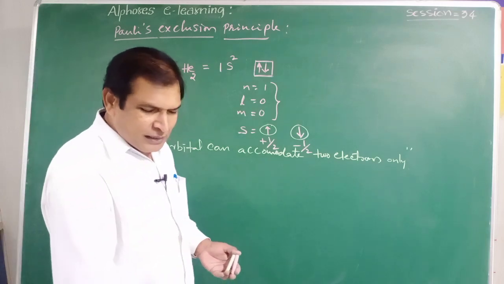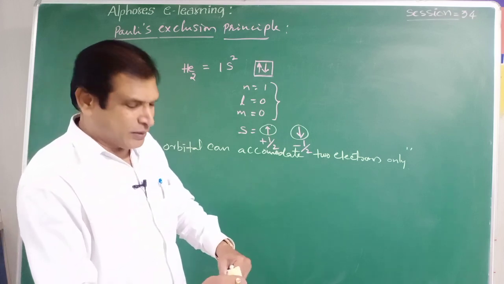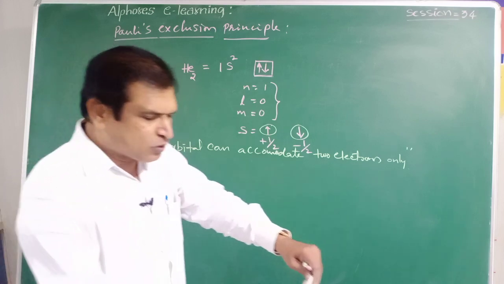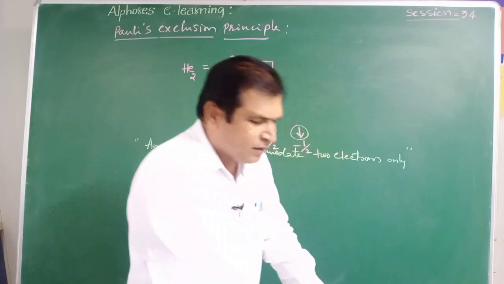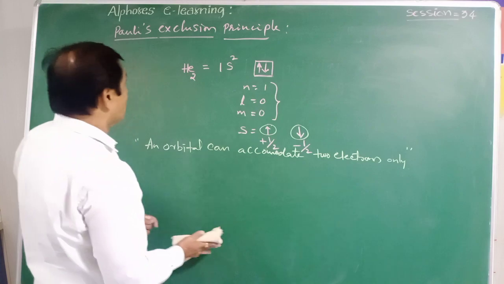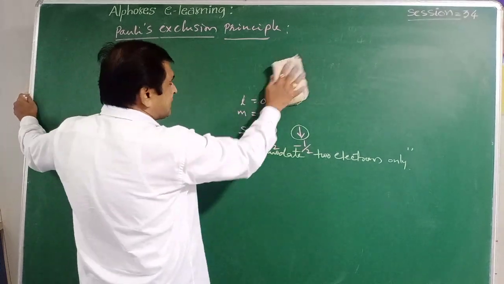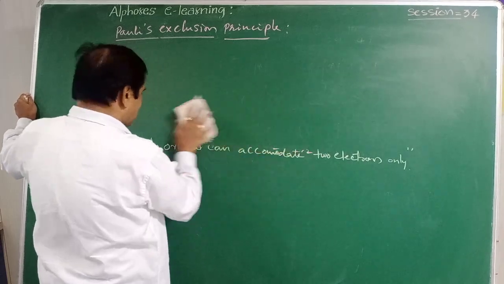Now let us discuss, suppose Pauli's principle is not known to us, then what is the electron configuration of the lithium atom? The detailed explanation of Pauli's principle is completed.